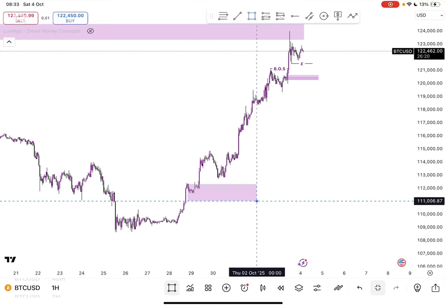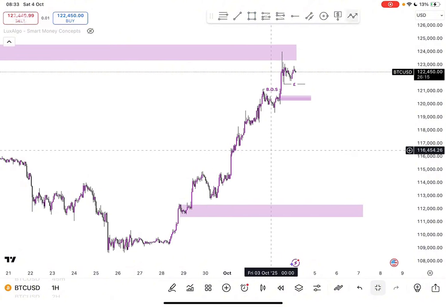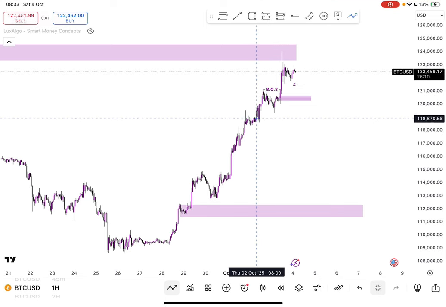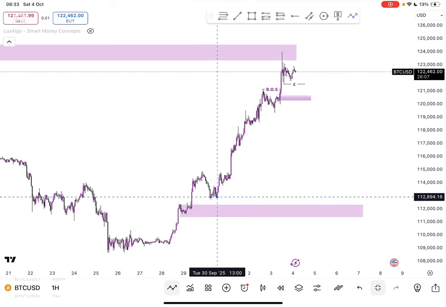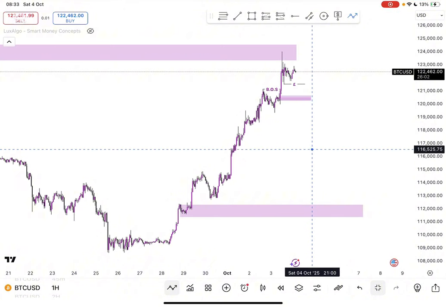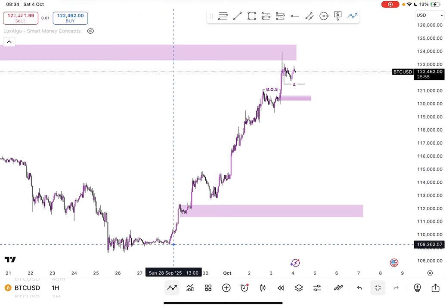You understand? Taking out all these liquidities, because there are liquidities built under these lows that you see. So this order block has the potential of pushing price down to this point, or maybe even below to these rough edges here. You understand?